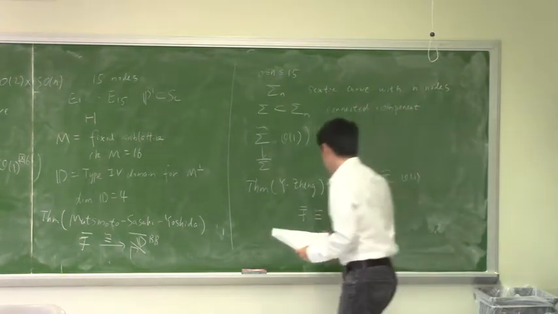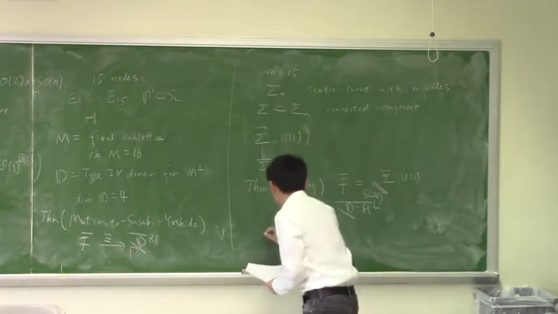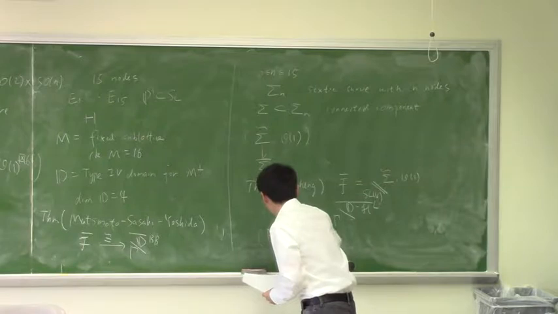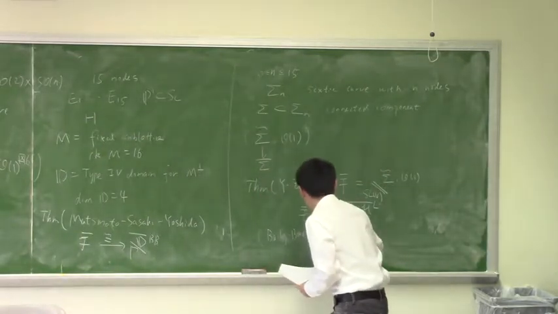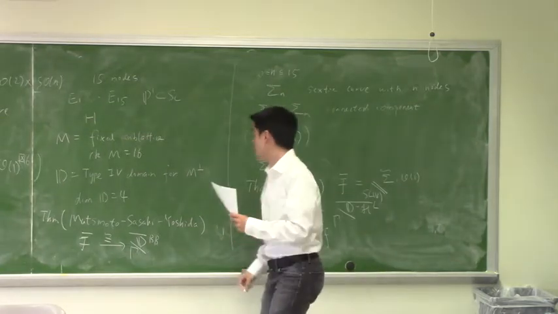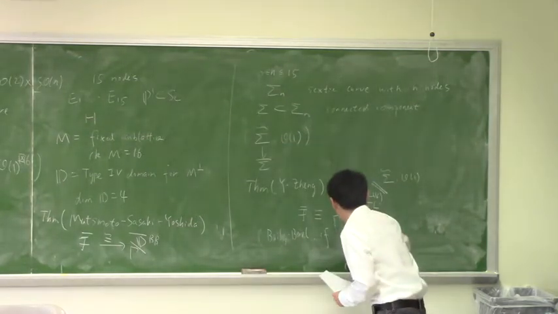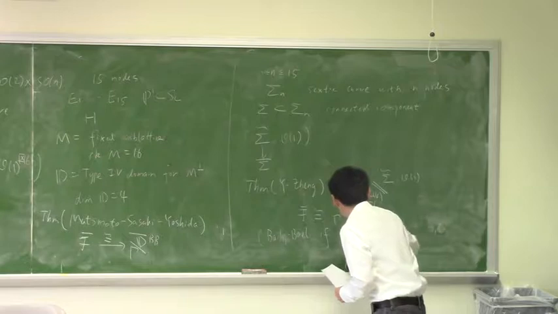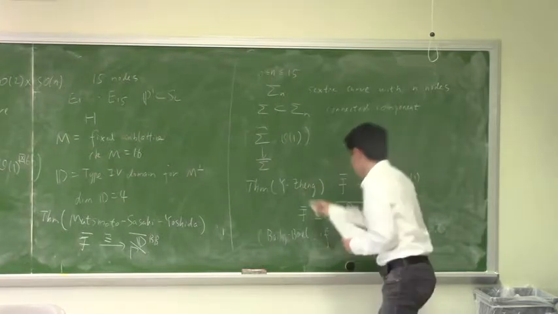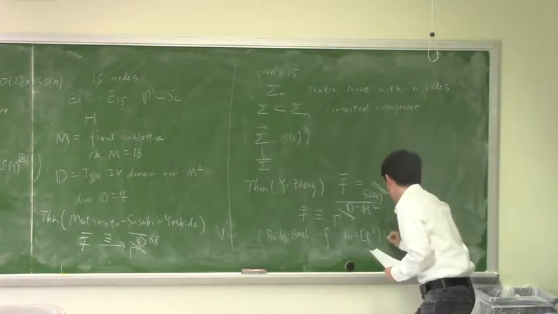And we also have a criterion for when this is Baily-Borel. So this is Baily-Borel if the special point omega is not contained in this singular type.